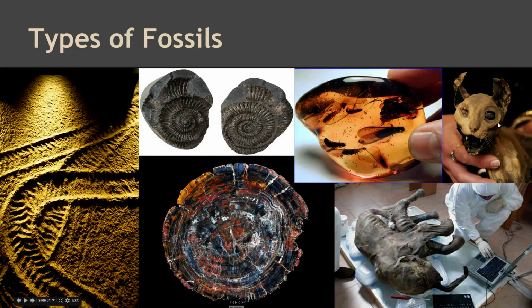And then if we're really lucky, we can get an organism that's either mummified or even frozen. Here's an example: this is a baby woolly mammoth that was discovered a couple of years back, frozen in a glacier essentially.